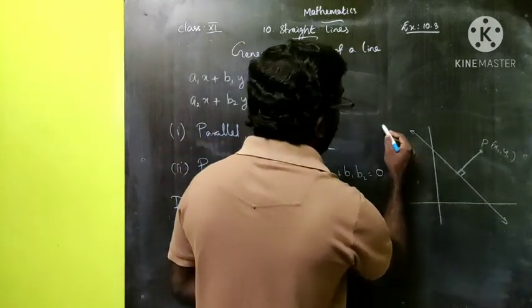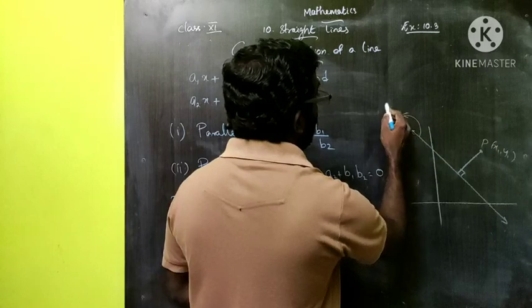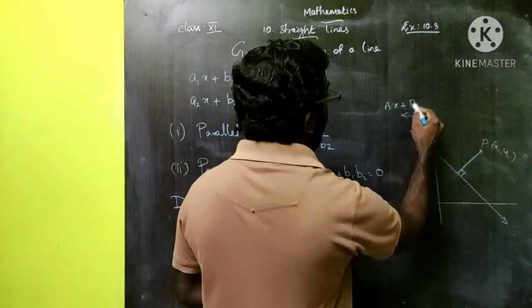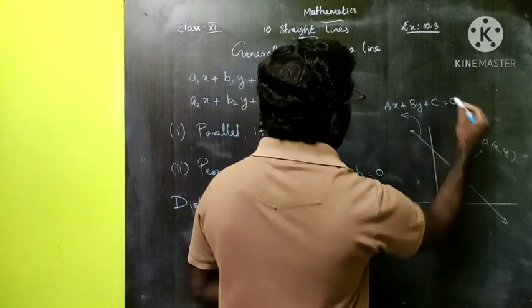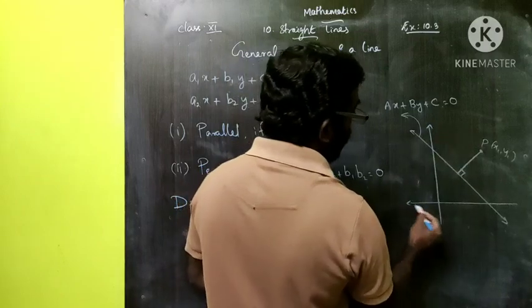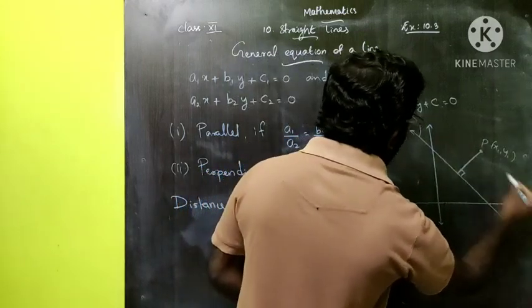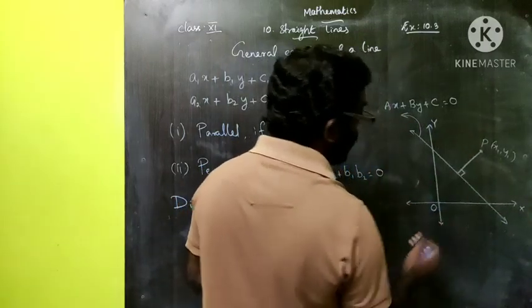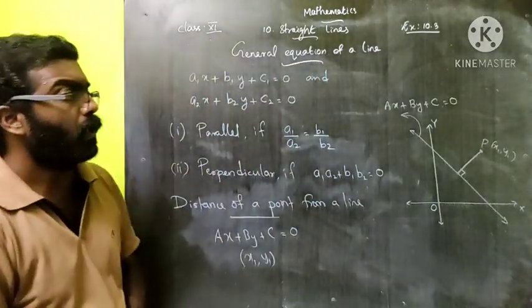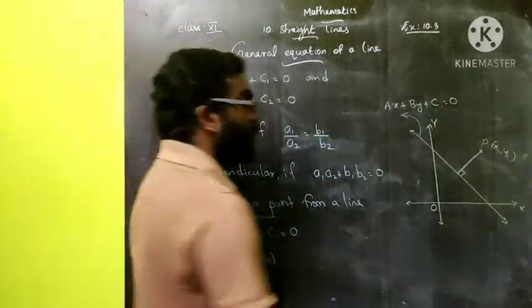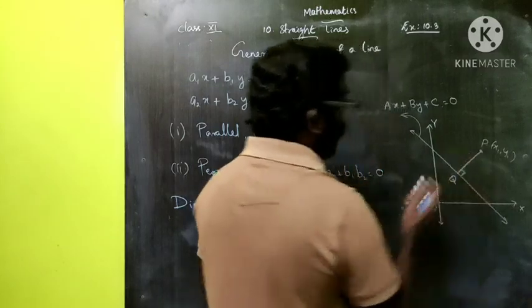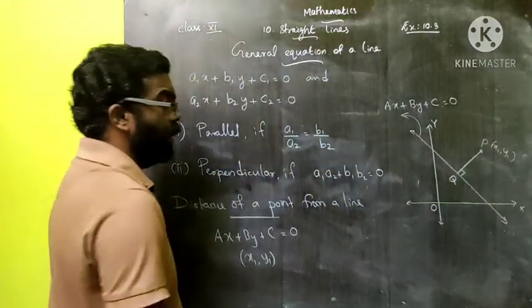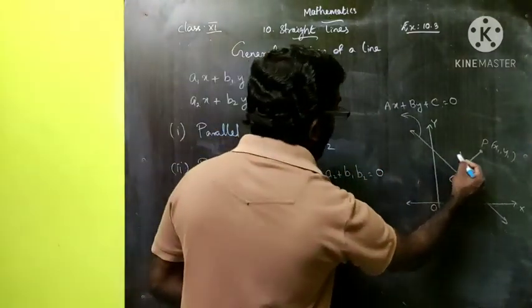Here the equation of this line is ax plus by plus c is equal to 0. If we connect with the axes, this is the x-axis and this is the y-axis. Okay, so here the distance PQ is denoted by small letter d.